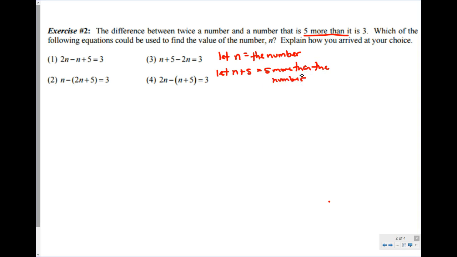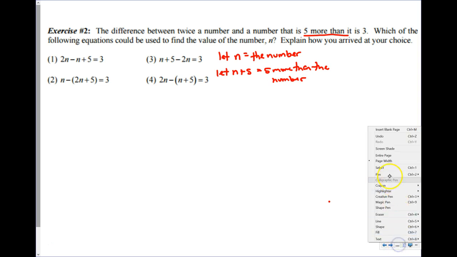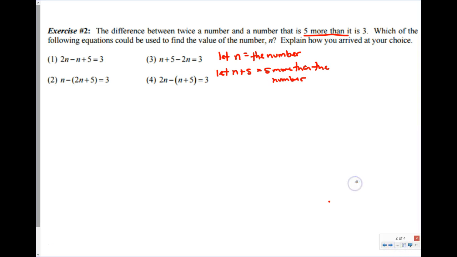Okay? Now I need to create my equation. So, I'm going to pick a different color. I'm going to start at the beginning of my sentence. The difference between, so I know there's subtraction involved here, right? This is difference. Between twice a number, that's my first part, twice a number, and remember that's where my subtraction sign goes.